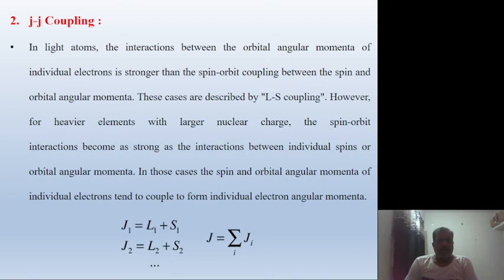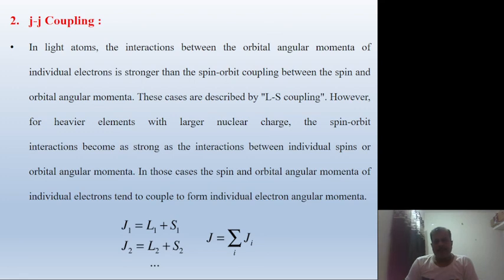However, for heavier elements with larger nuclear charge, the spin-orbit interaction becomes strong, stronger than the interaction between individual spins or orbital angular momenta. In those cases, the spin and orbital angular momenta of individual electrons tend to couple to form individual electron angular momenta. J1 is equal to L1 plus S1, J2 is equal to L2 plus S2, J3 is equal to L3 plus S3 and so on.